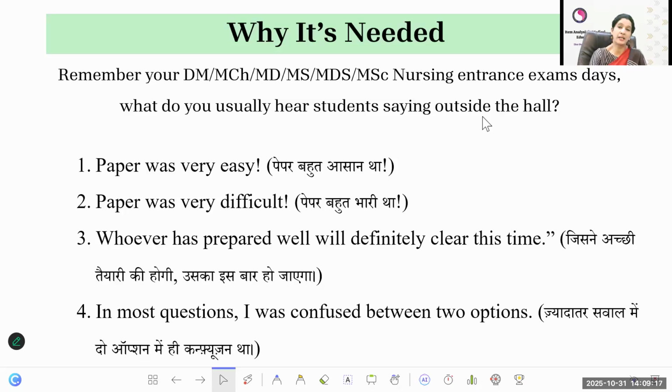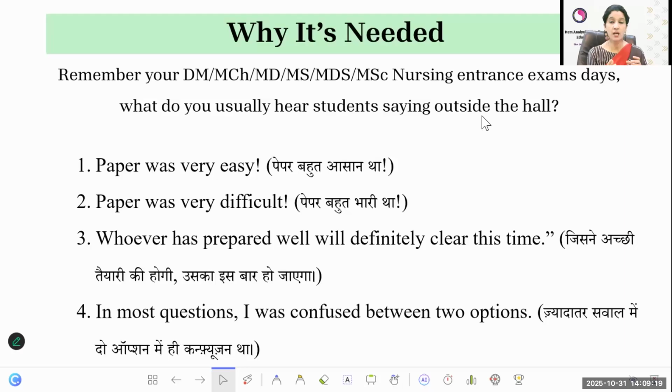Or many times we say that in most of the questions, I was able to remove two options, but there was a very close tie between the two remaining options. That means I was confused between two options and it was not easy to guess or come to the correct answer. These were the statements we keep on hearing.